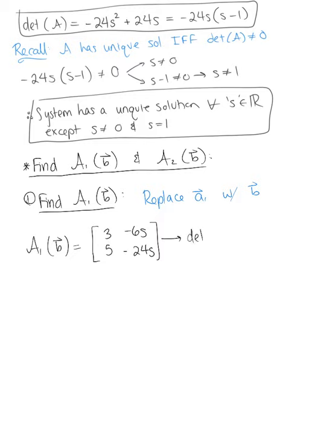And so the determinant of matrix A sub 1 of vector B is equal to 3 times minus 24S, which gives us a negative 72S minus a minus 30S, so plus 30S, which is equal to negative 42S.